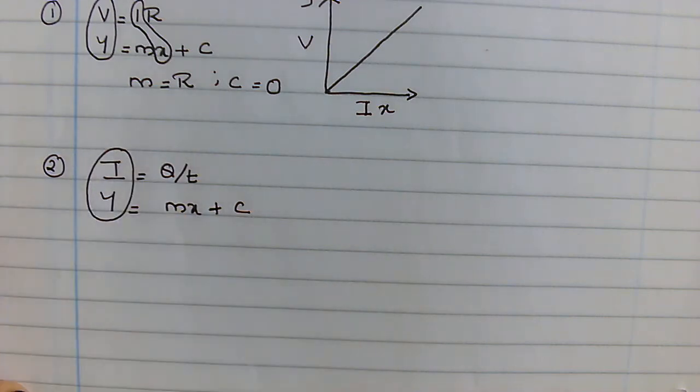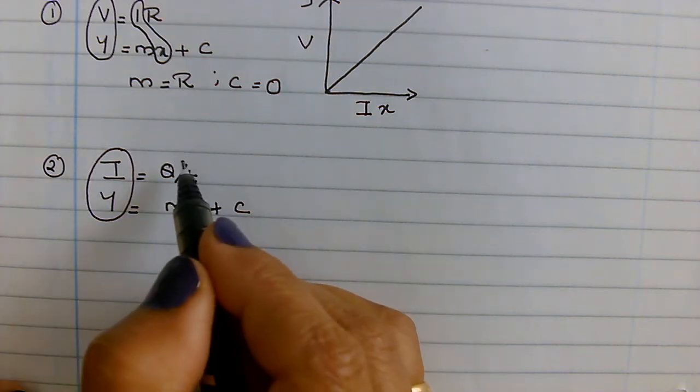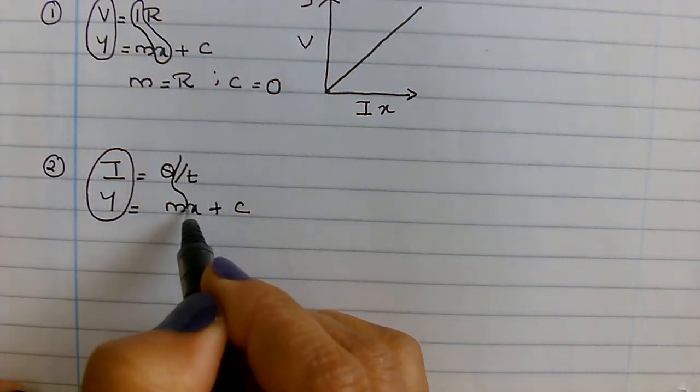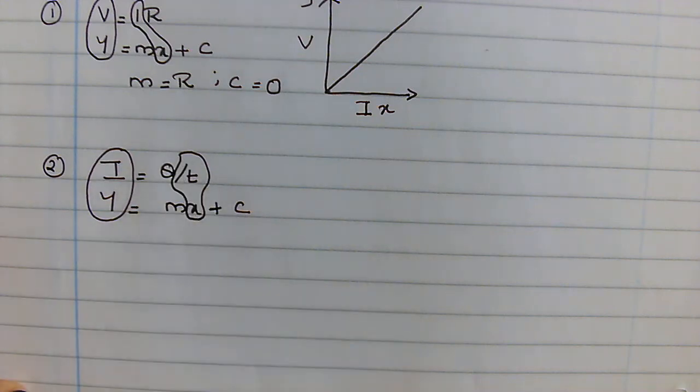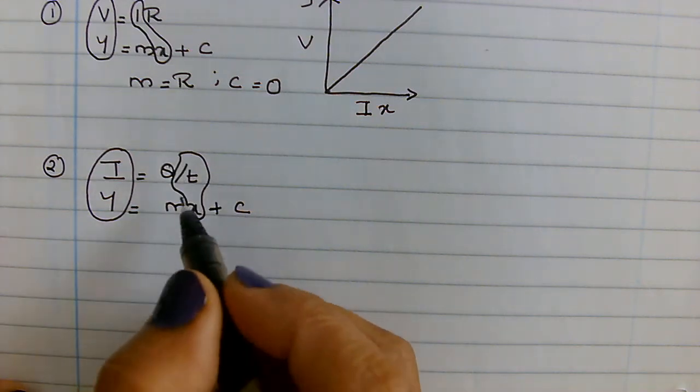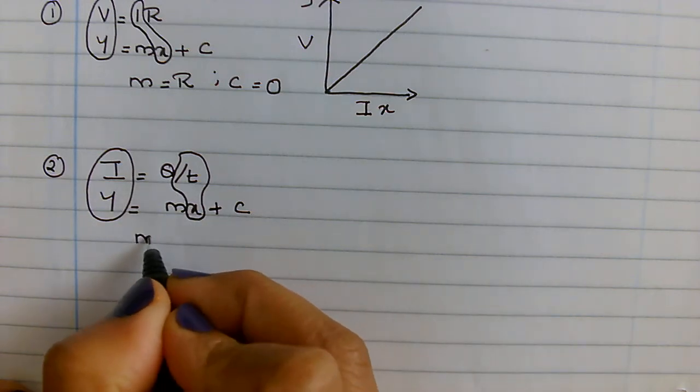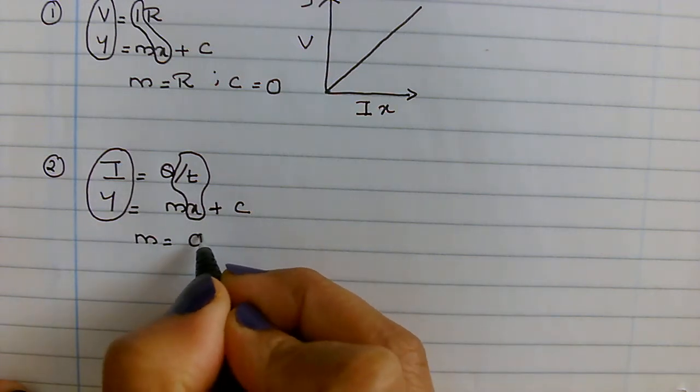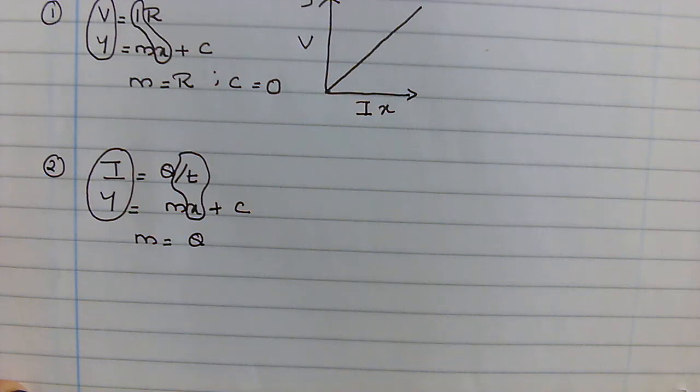So if I take the current measured in that way along the y-axis, and if I take 1 over t along the x-axis, what do I get? Then the gradient should be the charge flowing through the conductor.